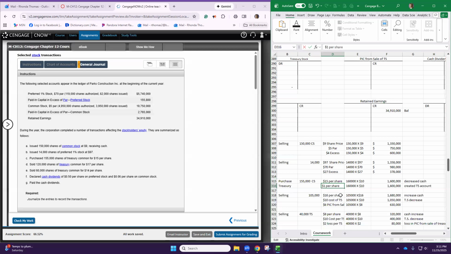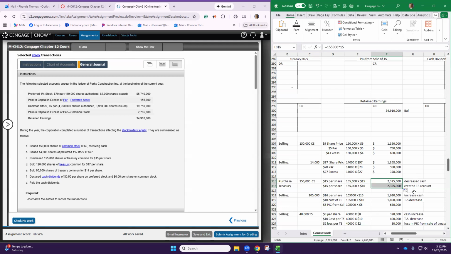Okay, so we're going to decrease cash by 155,000 times 15. We're going to put that amount in the treasury stock account. So 155,000 times $15. And then that will be the same amount for this one, so those will equal each other.